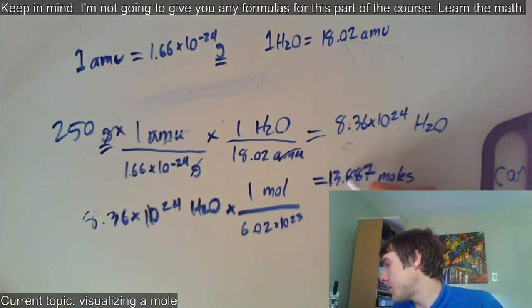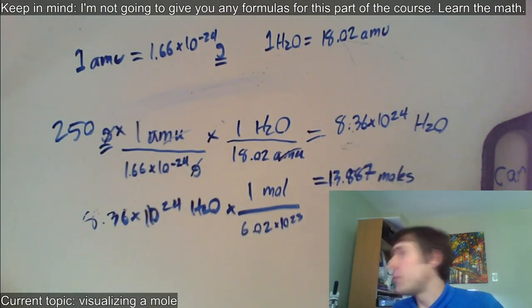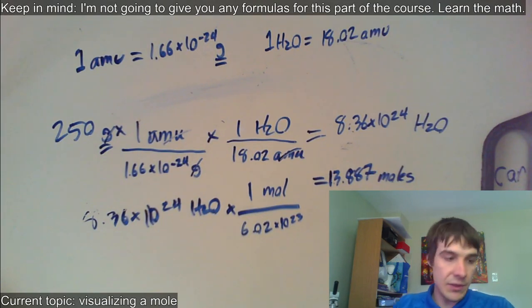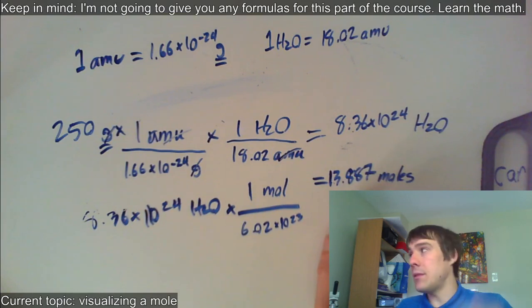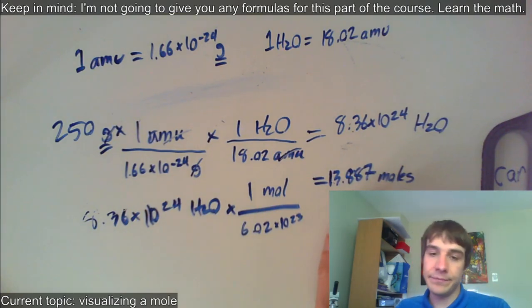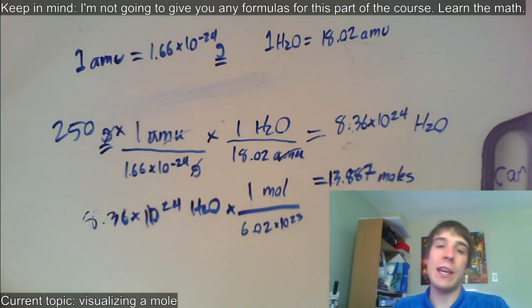Just like I can have $2.75 million, I can have 13.887 moles, because that represents 13 packs, plus another 0.887 of that huge, gigantic number.